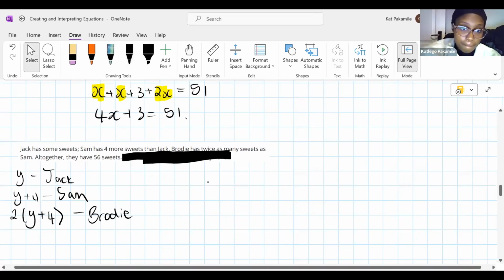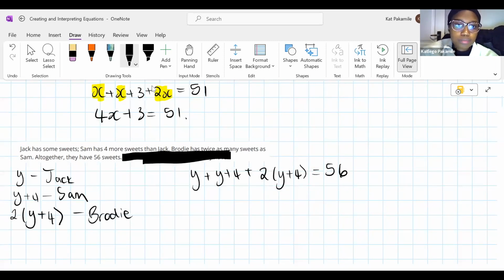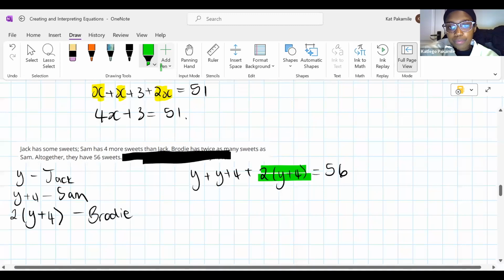Oh, okay. Y plus 4 plus 2 into Y plus 4 equals 56. Can we simplify this expression? Yes, ma'am, we can. If we were to simplify, we need to distribute.